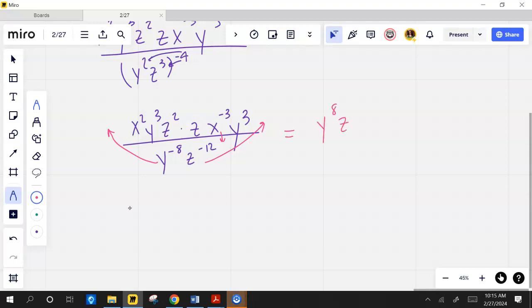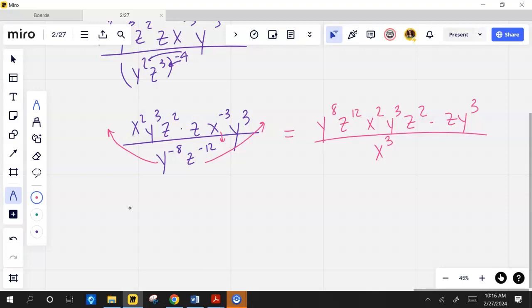I'm just going to put all of these up top together so I don't lose them: x squared, y cubed, z squared, z to the 12, y cubed, and that x cubed is coming down. What now? And you could have done this in a lot fewer steps if you saw it. I'm just doing what y'all tell me to do just to show you that it really doesn't matter as long as you do valid properties each time.